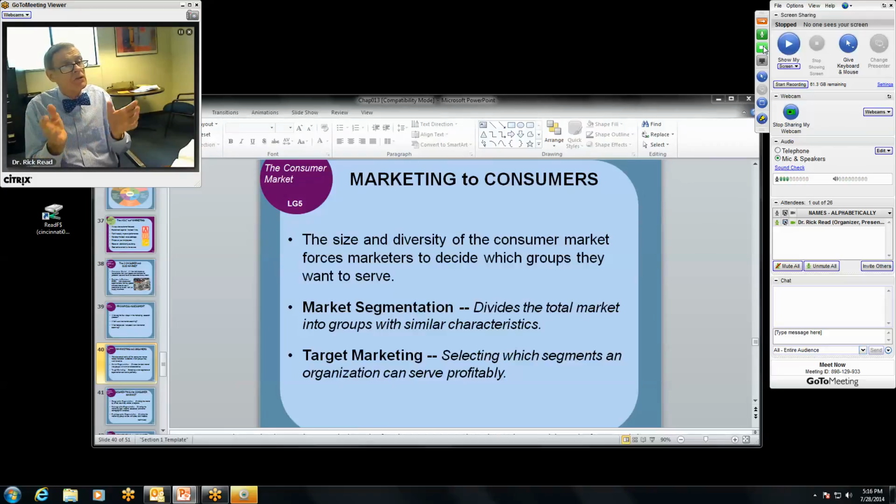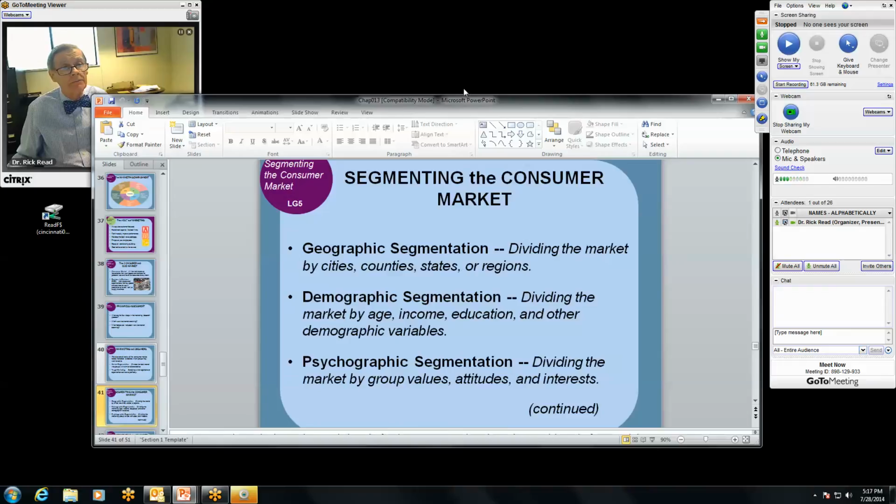And then the target market is selecting those parts of the segment in which you intend to market and sell your product. And notice that that target is going to be an area where you can be profitable. Some other target is not, so you're not going to go there.